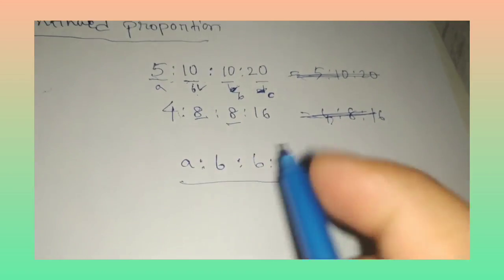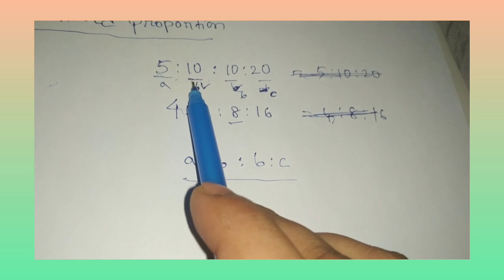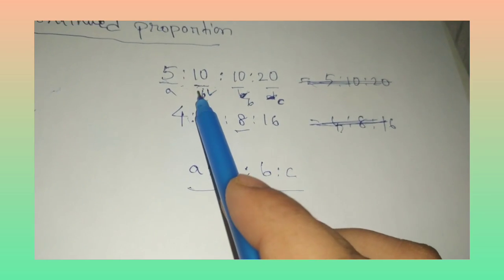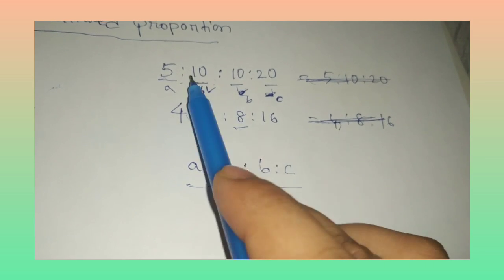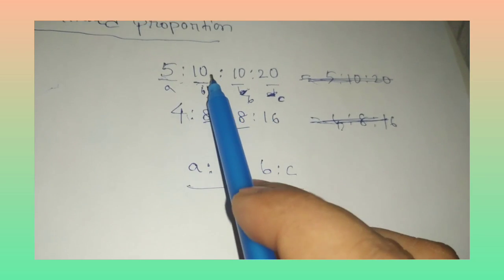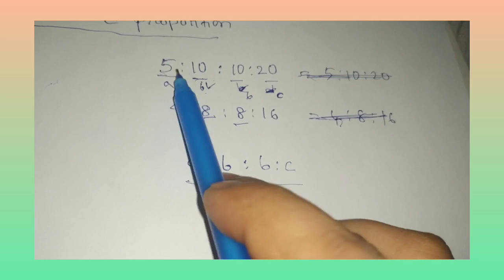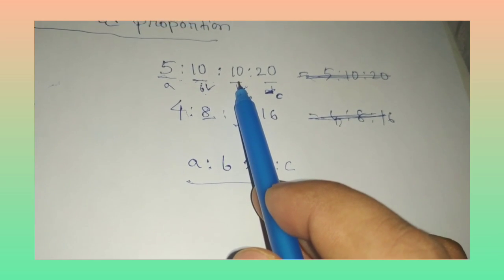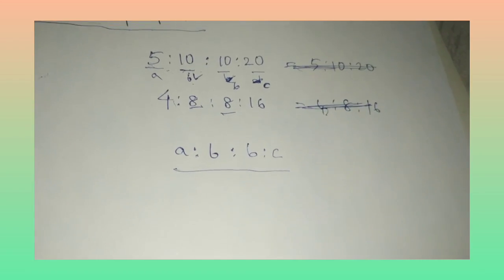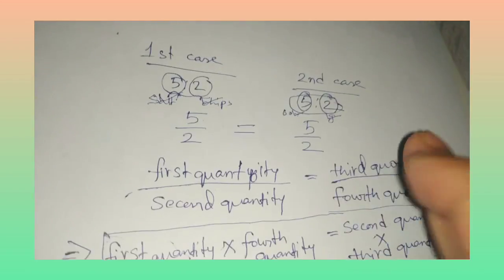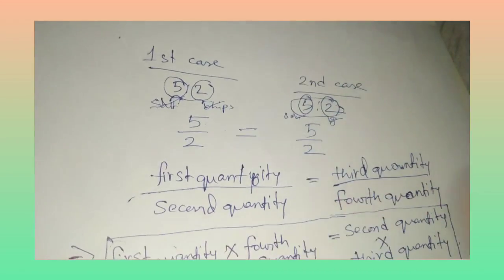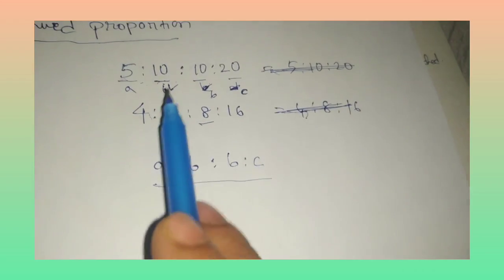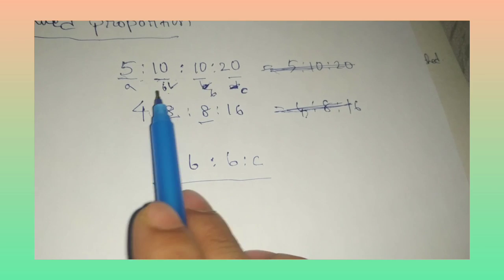The difference between proportion and continued proportion is that both ratios are equal, but in continued proportion the second and third quantity are the same. In proportion, it was not necessary that the second and third quantity would be the same, but in continued proportion the second and third quantity need to be the same.